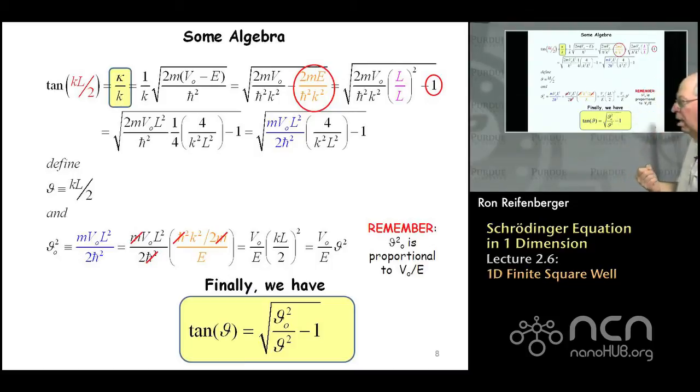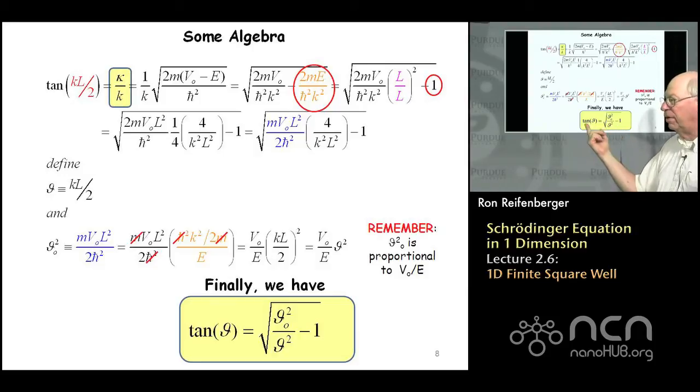So once I specify V0, once I specify L, I basically specify theta 0. In this transcendental equation written in this way, theta 0 is just some constant number, which is specified by the problem I'm trying to solve. You'll notice that this transformation of variables has accomplished the goal of rewriting the argument of the tangent function in terms of the argument itself.